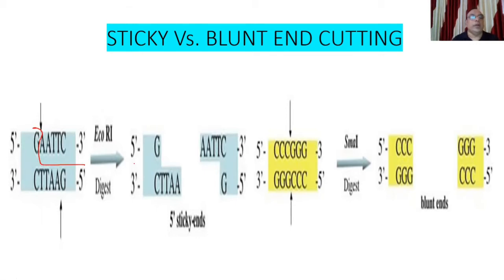So the result will be GCTTA. And for this strand, the cut will be like this.